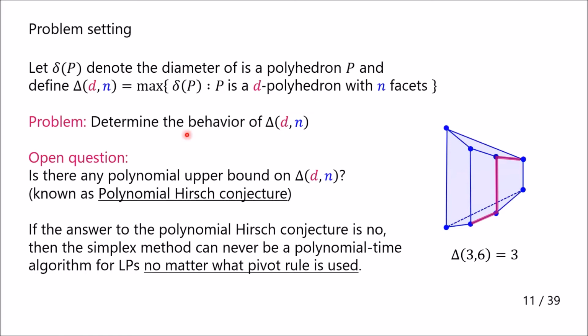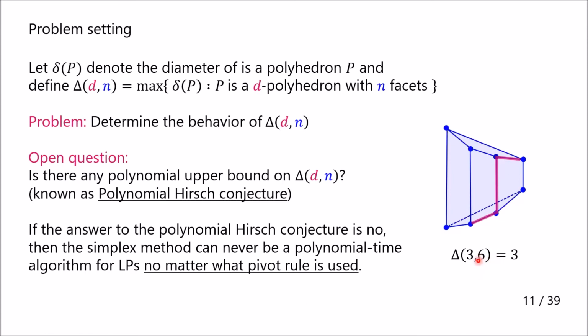In this setting, the problem is to determine the behavior of Delta(d,n). For example, this polyhedron has diameter 3, and hence it implies that Delta(3,6) is at least 3. And in fact, this is the maximum, and hence Delta(3,6) is 3.